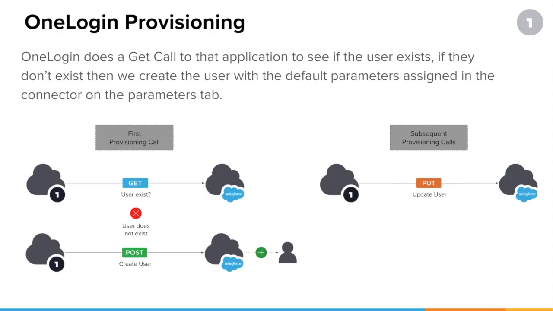You can map them to existing fields over in the application, called mapping parameters. We'll take a look at that later on. And finally, if a user is deleted from OneLogin, you can configure it to delete the user from the application, or perhaps just disable the user if that makes more sense for your use cases.